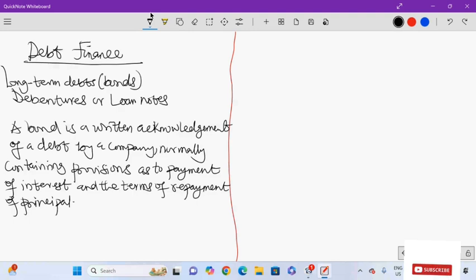So it's a paper whereby a company acknowledges a debt, and this paper contains the provisions as to the payment of the interest and the terms of repayment of the principal.